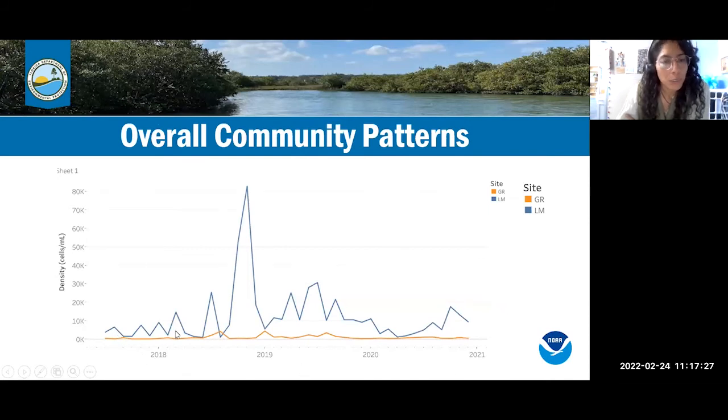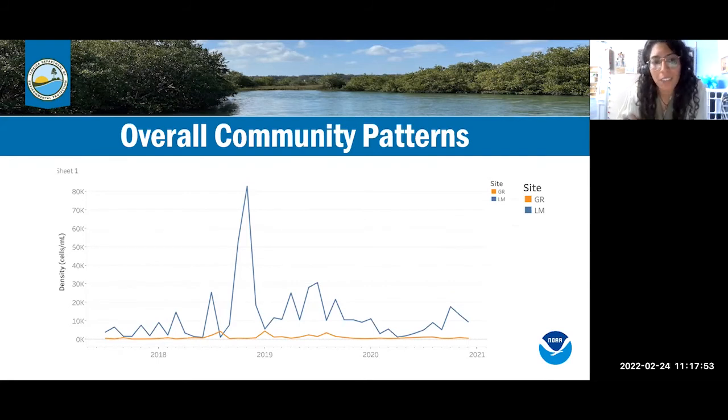So in blue, we have the overall density in cells per milliliter of phytoplankton in the lake. And then in orange, we have the overall density in the river. So the first thing that we see is that our blue line is much higher than our orange line. So that matches up with a lot of the data that Olivia shared that shows that we have very high levels of phytoplankton in our lake.